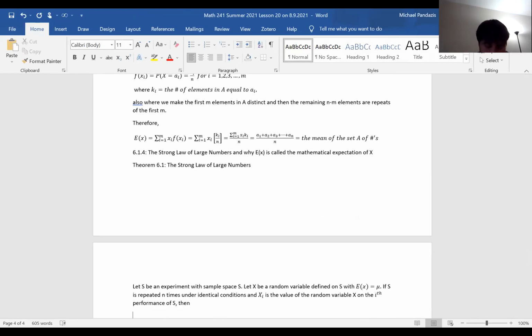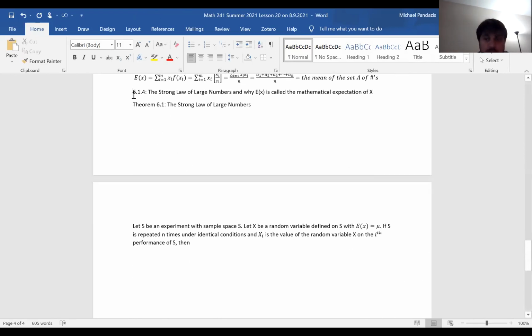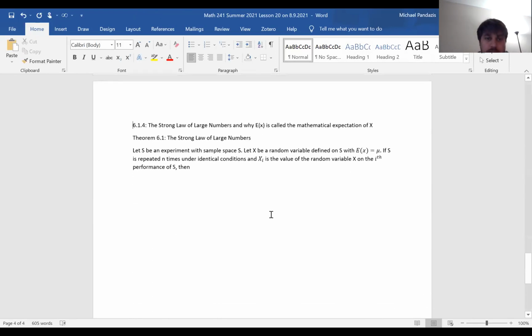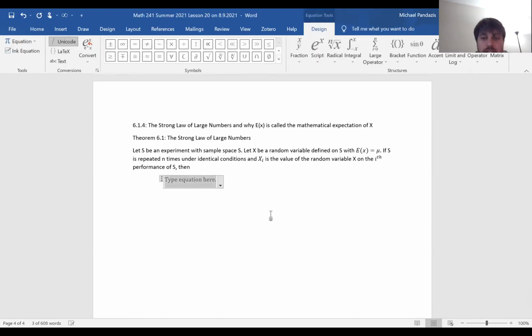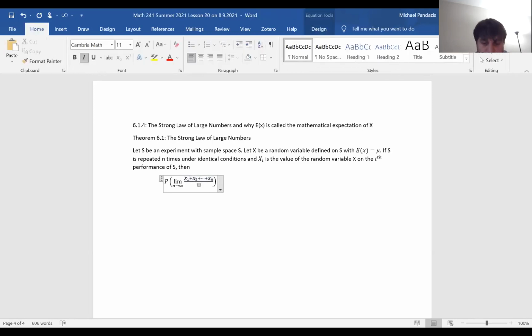then the probability of the limit as n approaches infinity of the average of those values, x1 plus x2 plus dot dot dot plus x sub n over n, is equal to mu.